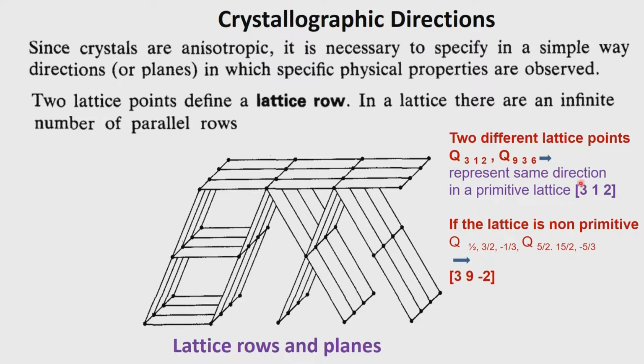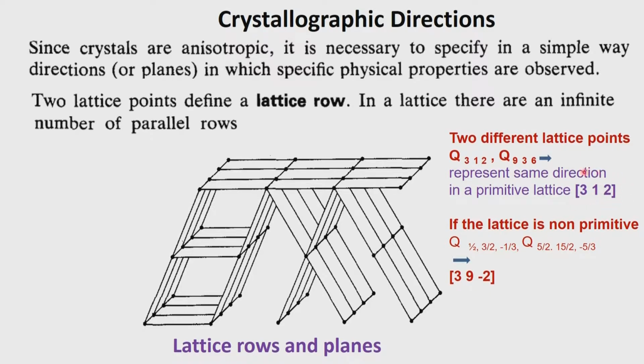So, when we say in brackets 312, it comprises all possible directions in that orientation of 312. 312 is a specified direction, and we have to represent all the lattice points in that direction. So, if we put this square bracket, it represents all possible directions in 312.